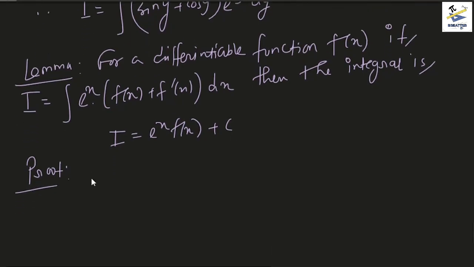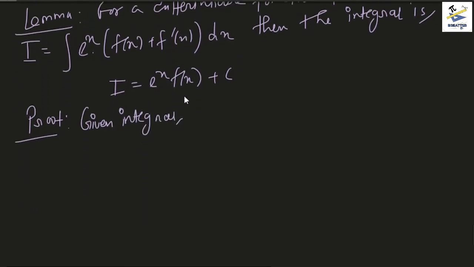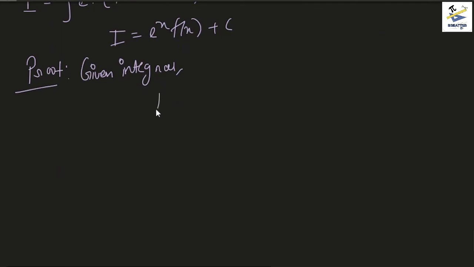We start with the given integral, and we shall see why this lemma is important in solving this particular problem. So the given integral is I equals integral of e to the power x whole into f of x plus f dash x dx.